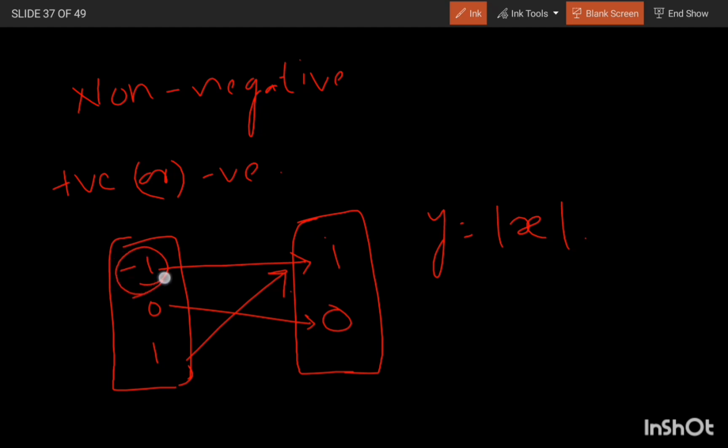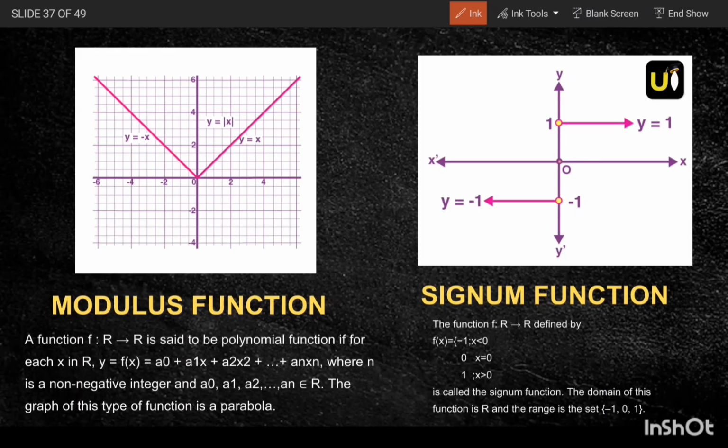Regardless of whether the input value is negative or positive, the output is always positive. So the modulus function is also known as absolute value function, which means it gives the absolute magnitude value of a given input value.